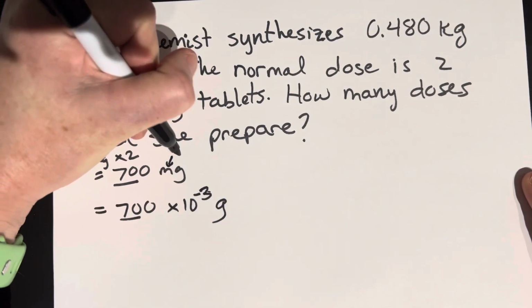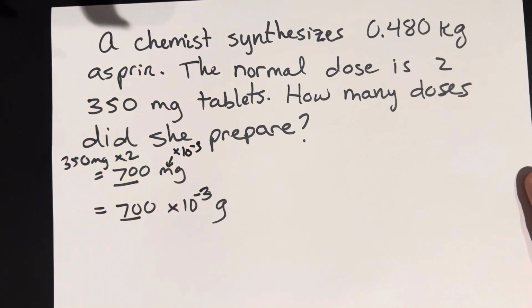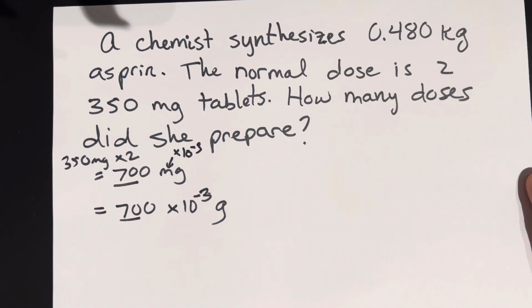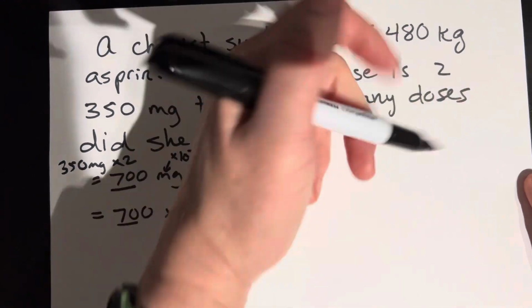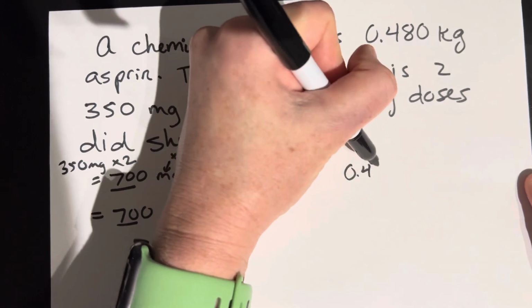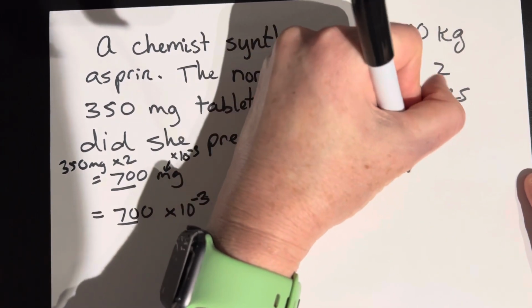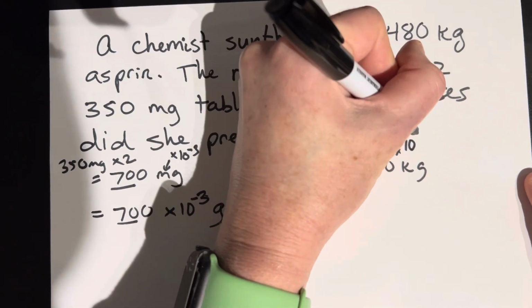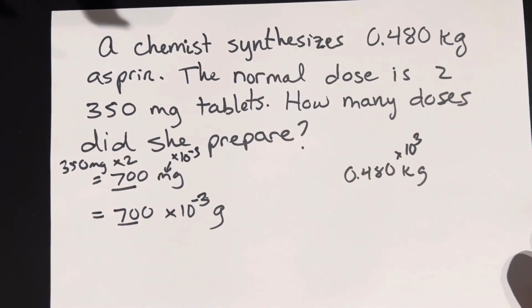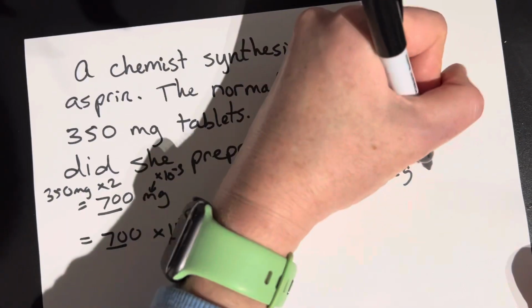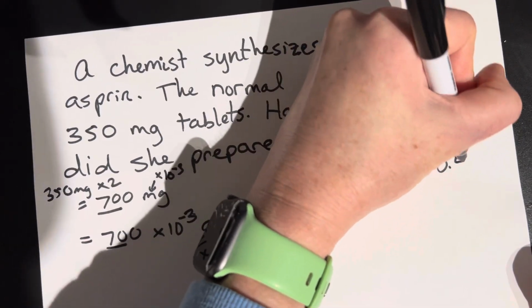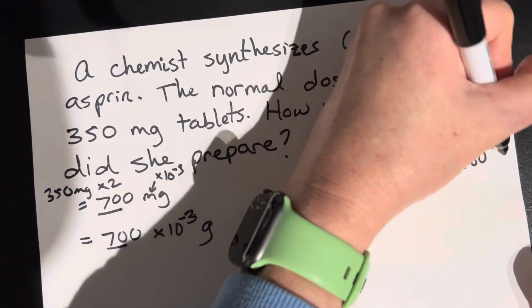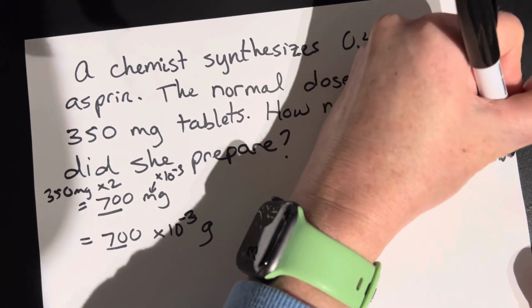Remember, we just replace the prefix like we've done in class. And we have 0.480 kilograms, and we would replace that kilo with times 10 to the positive 3, because k equals times 10 to the positive 3. So the 0.480 kilograms actually is 0.480 times 10 to the 3 grams.